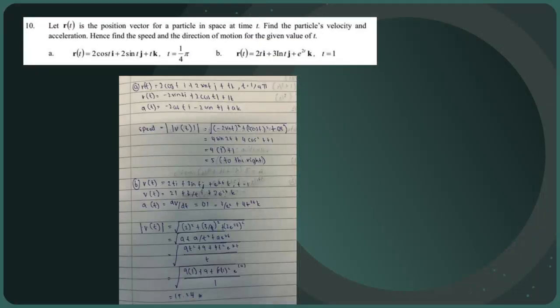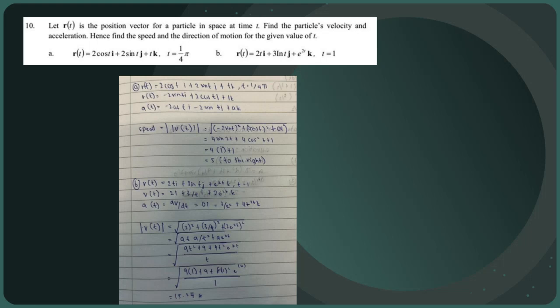Okay, untuk soalan yang ke-10 tu dia minta kita cari particle velocity and acceleration dan cari speed dan direction untuk motion yang dibagi. Untuk A, apa yang dibagi ialah r(t) sama dengan 2 cos t i tambah dengan 2 sin t i tambah dengan tk.